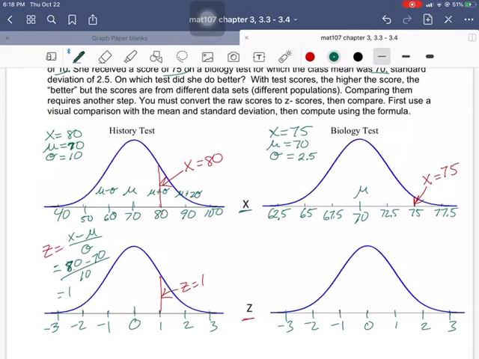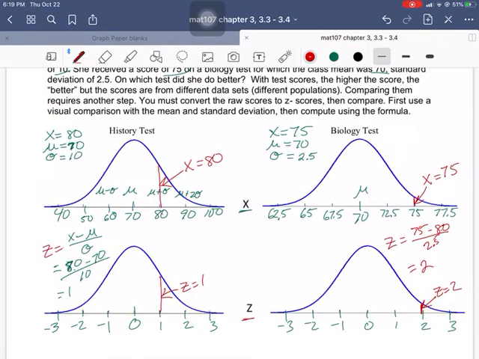Whereas over here, 75 is at 2 standard deviations, right? So that is a score of 75 minus 70 over 2.5. 5 divided by 2.5 is 2. Okay, so it matches.